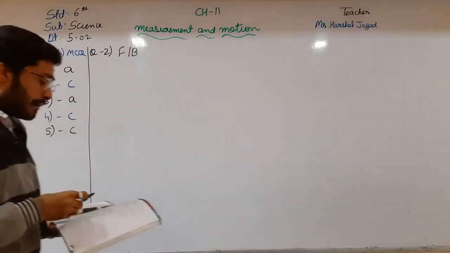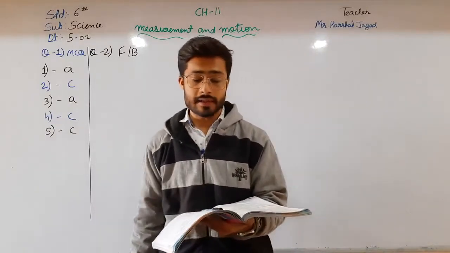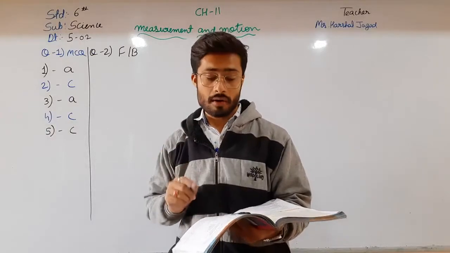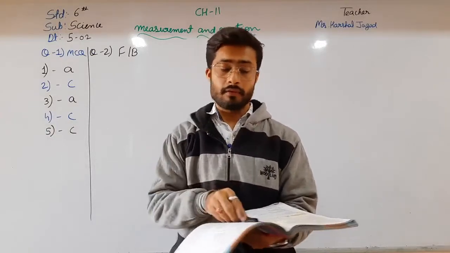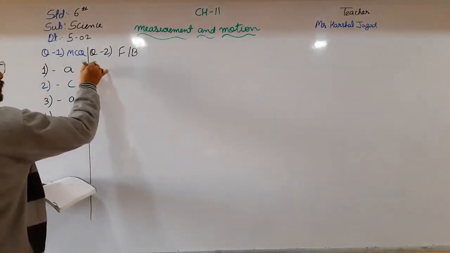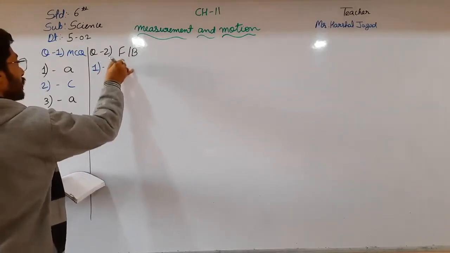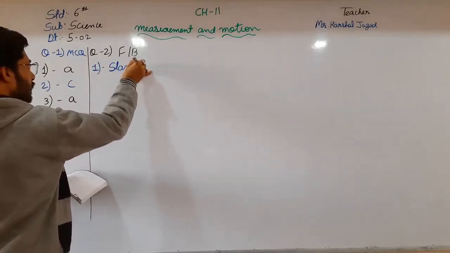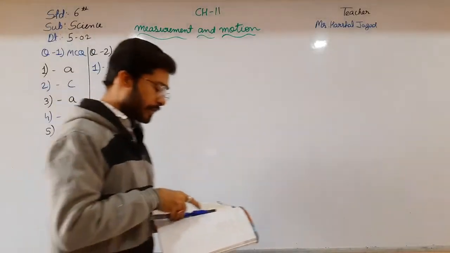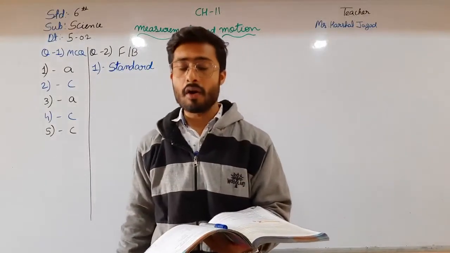First one: the inch is a dash unit of length, standard unit of length or non-standard unit of length. So here the first one will be non-standard unit of length. Then second one: the SI unit of length is dash, yard or meter.